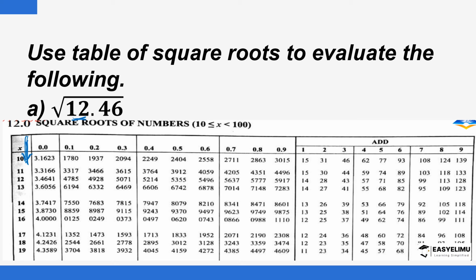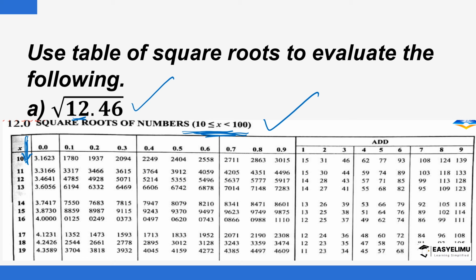Before you read this, because this table here is a table of square roots of numbers between 10 and 100, you must confirm that first of all, the number you're reading its square root is a number that is between 10 and 100, and then the table also. So the two have to be consistent.